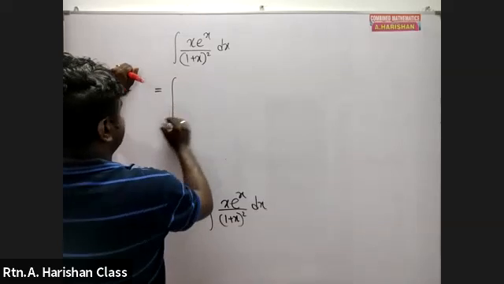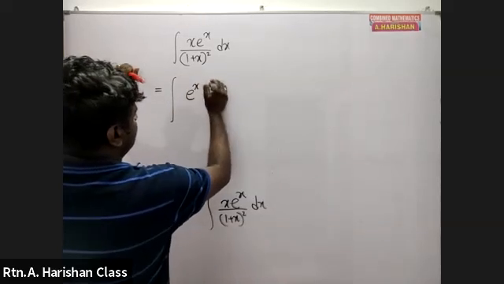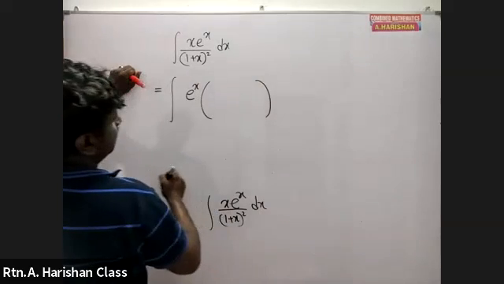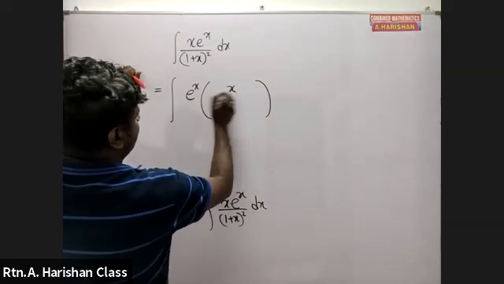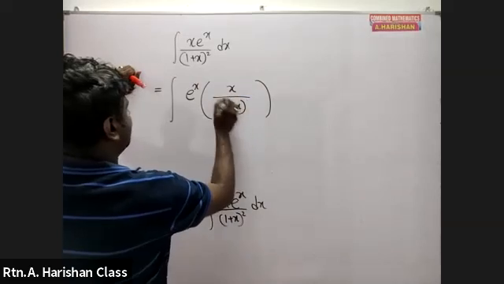Here, in that case, what happens? E to the power x, it goes like this. So I can say this is x over 1 plus x whole thing squared. Is it clear?